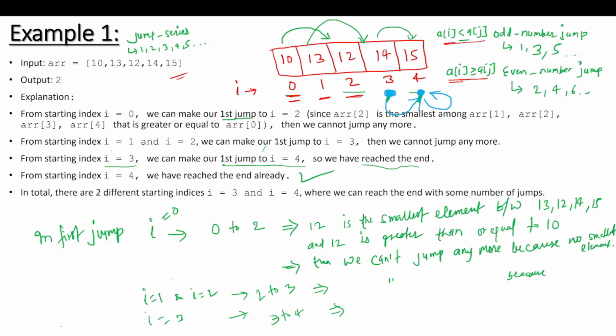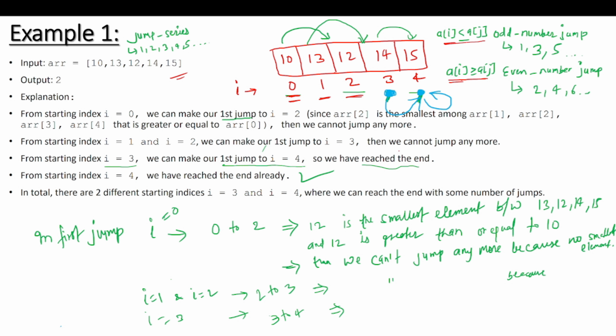Now we are going to see the index I equal to 1 and I equal to 2. We can make our first jump to 3 here, and so we will reach 3, right? You can see here, first we start from 0 to 12, then 13 to 14, and 14 to 15, because we can make those jumps, right?